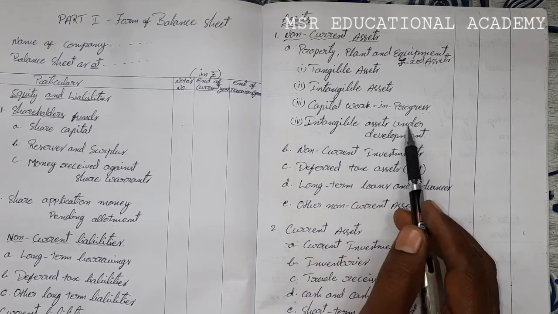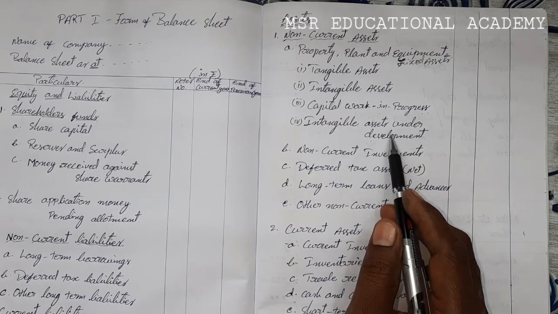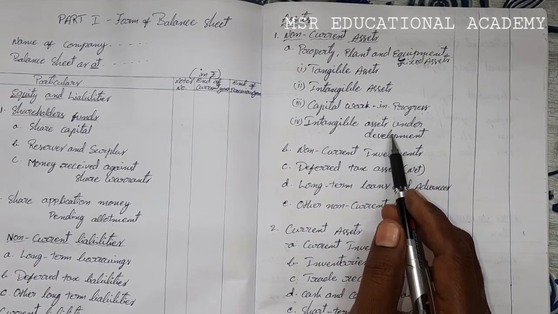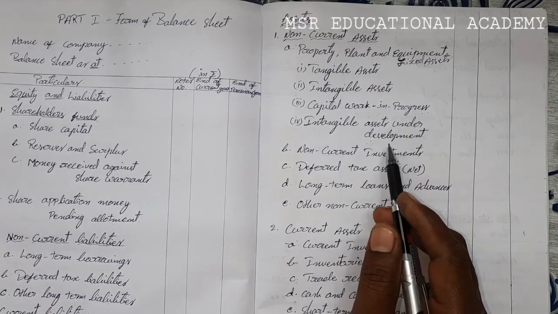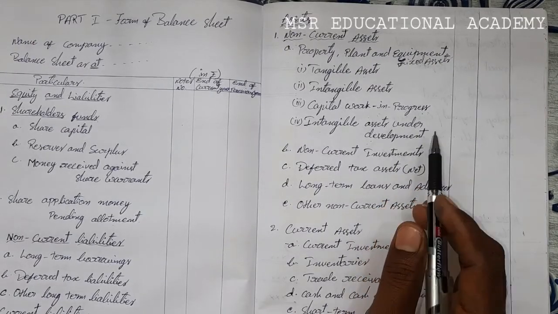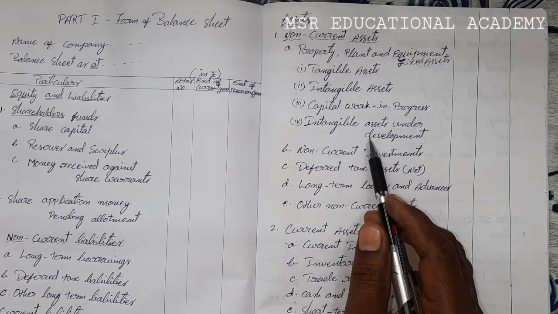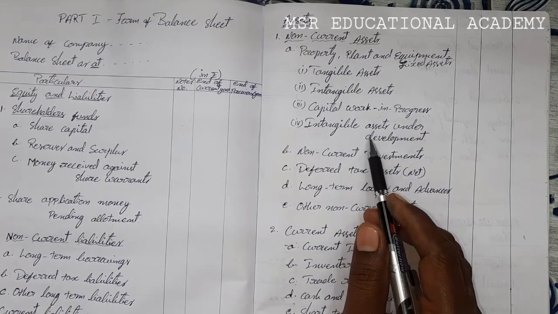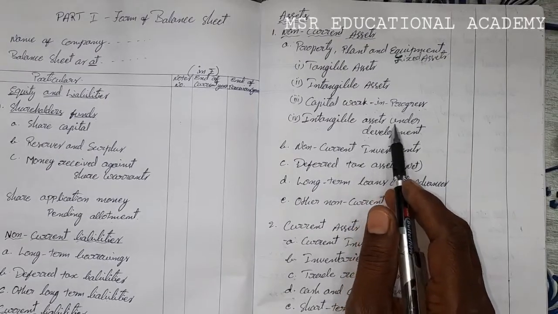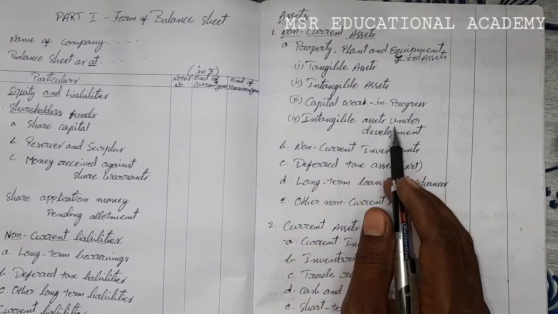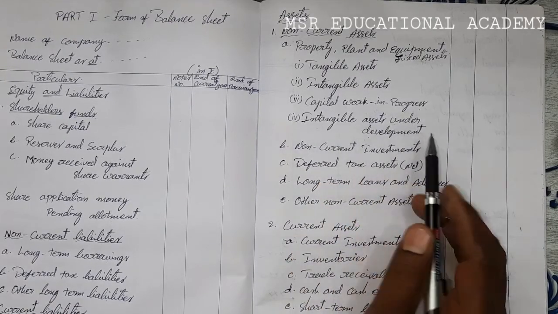Like an application for copyrights or trademarks, or patent rights taken on medicines. If there is anything under process, whatever expenditure is on that amount, we should write under intangible assets under development.